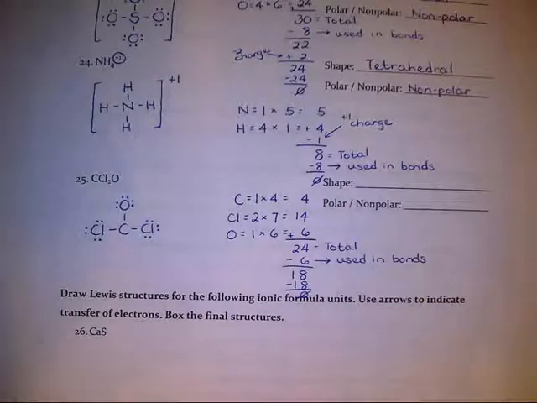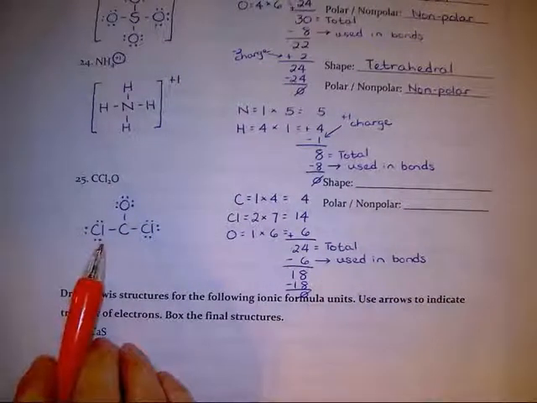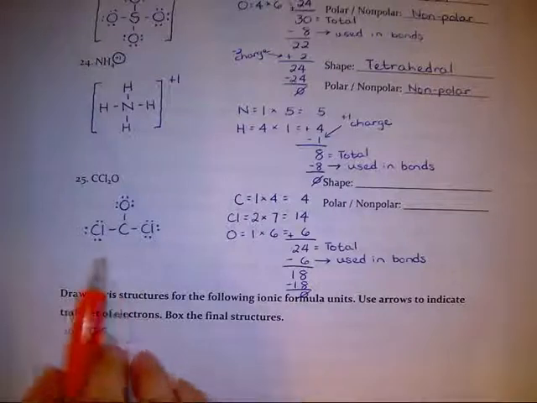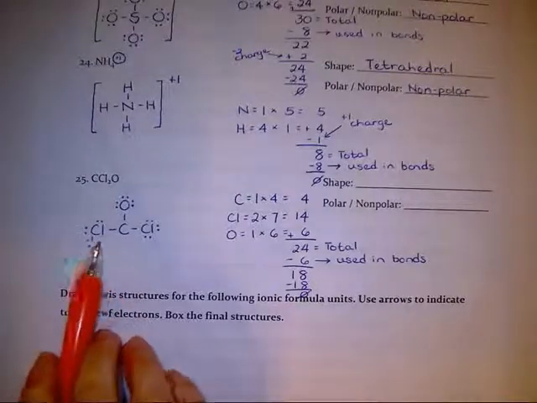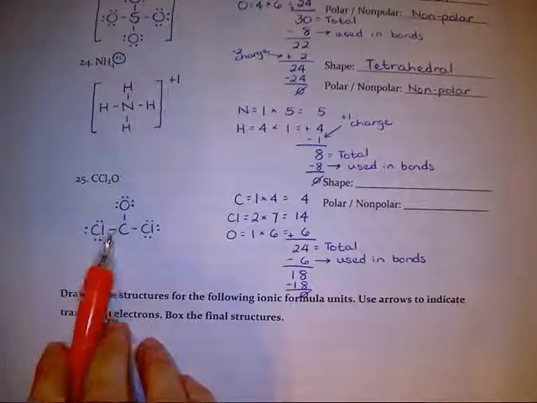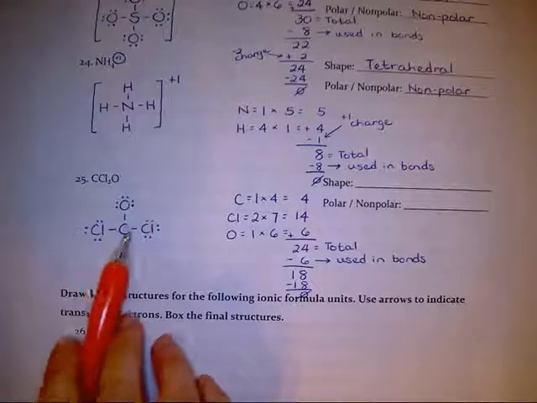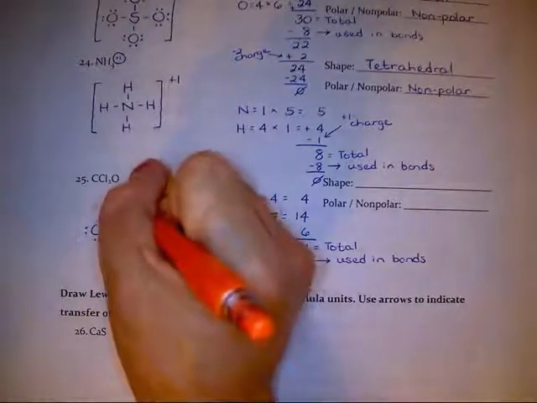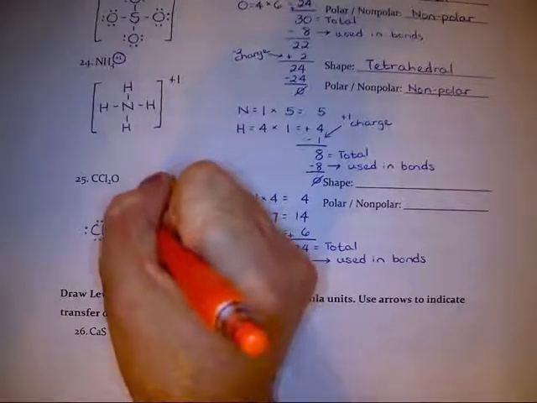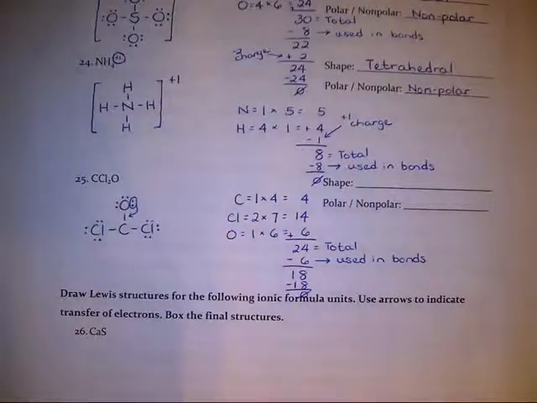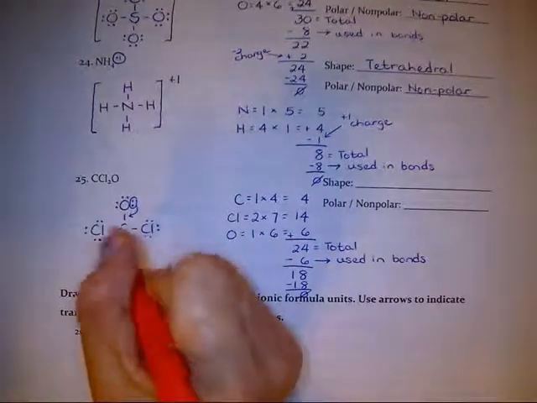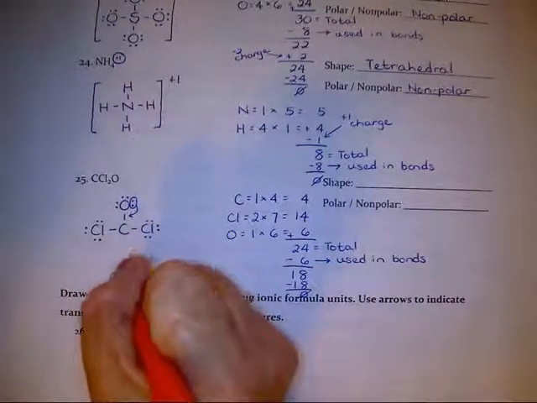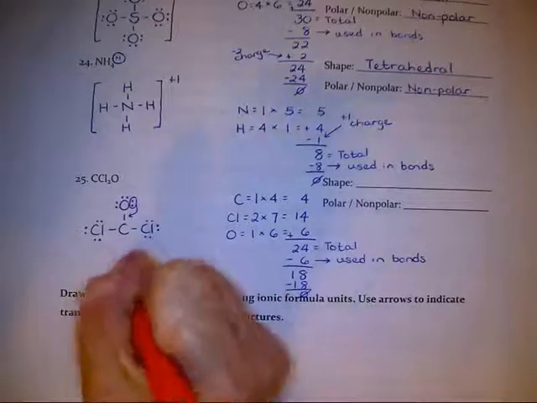Now let's check if everybody is satisfied. Cl is satisfied, it has 8. C is not satisfied, it has only 6, so it needs 1 more. Now I need to force one of these guys from the outside to share, and it's going to come from the O, because O has 6 valence electrons, which means it can form 2 bonds, whereas Cl has 7 valence electrons and can only form one bond.